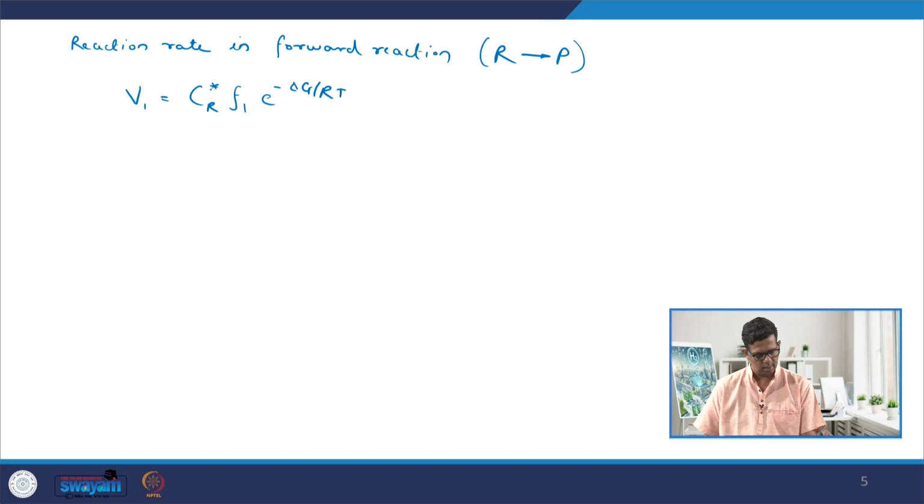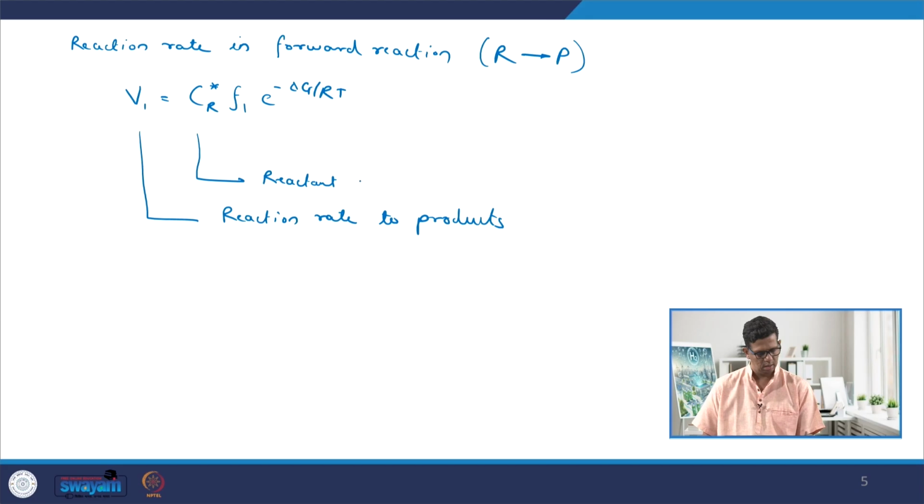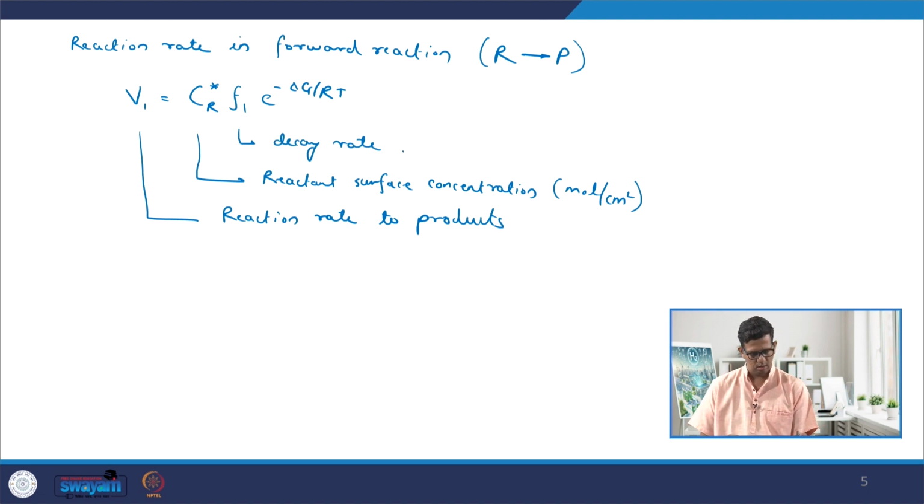V1 is your reaction rate to products. C R star is the reactant surface concentration, in moles per centimeter square, in other words moles per unit area, and F1 is your decay rate to products.